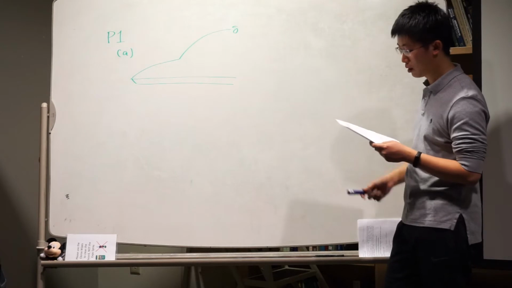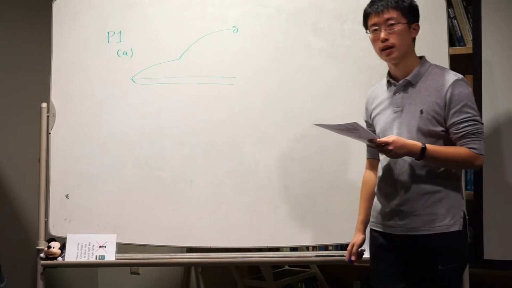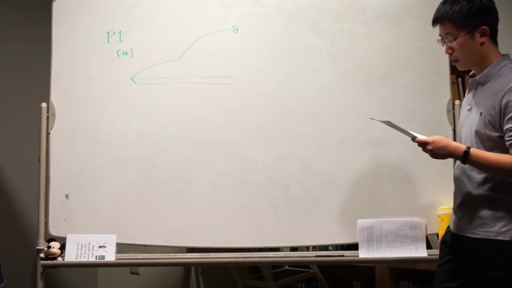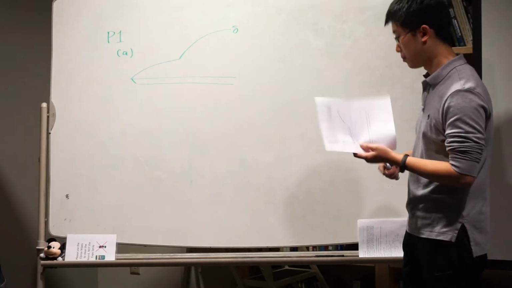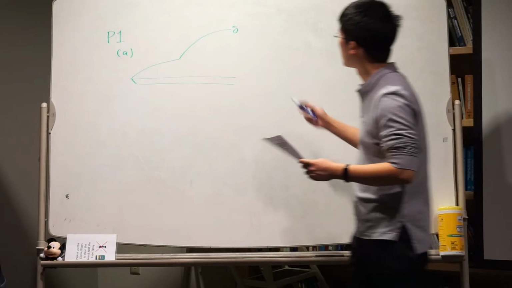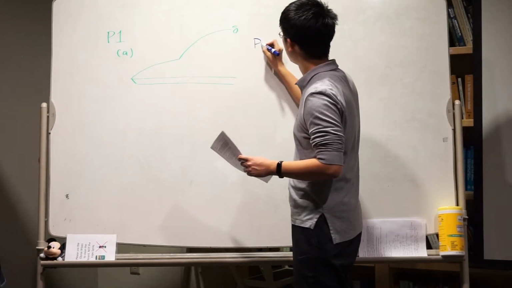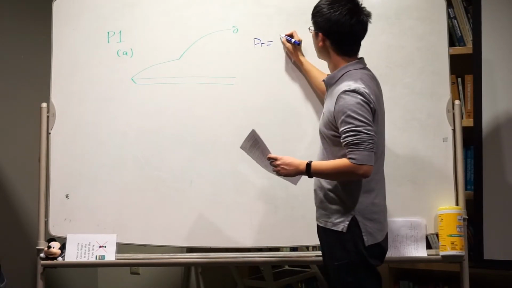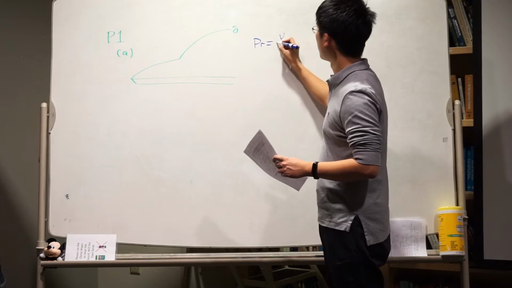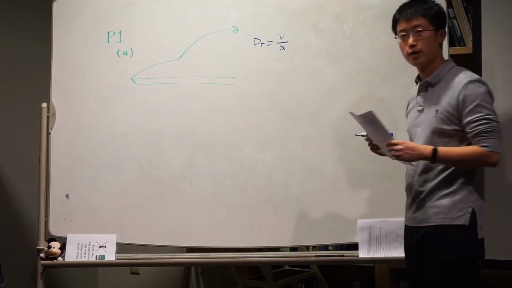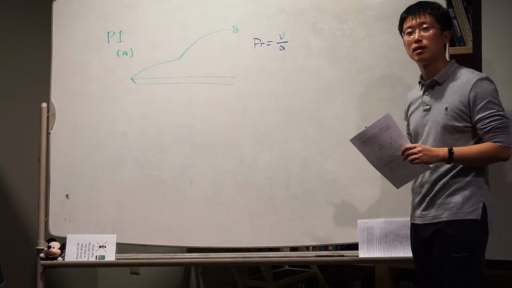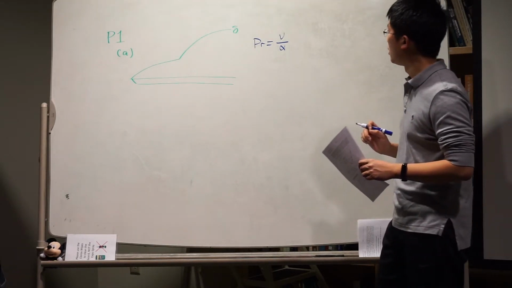The first one is about the velocity and thermal boundary layer. It says the Prandtl number is 7. And what do we know about the Prandtl number? By definition, it is the kinematic viscosity over the thermal diffusivity. The kinematic viscosity, we can also see as the momentum diffusivity, right?